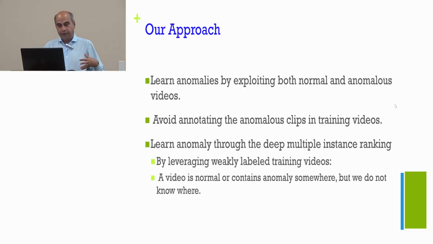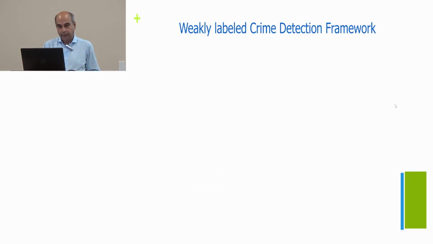We'll have a long video and we'll say there's somewhere an anomaly, but we don't know where, and there'll be some videos which have an anomaly and some which do not. So we'll just have these weak labels.